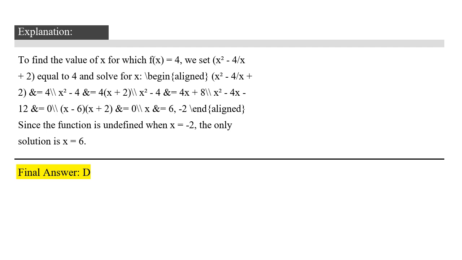To find the value of x for which the function equals 4, we set x^2 - 4 / (x + 2) equal to 4 and solve for x. x^2 - 4 = 4(x + 2), so x^2 - 4 = 4x + 8, so x^2 - 4x - 12 = 0, so (x - 6)(x + 2) = 0, so x = 6 or x = -2.